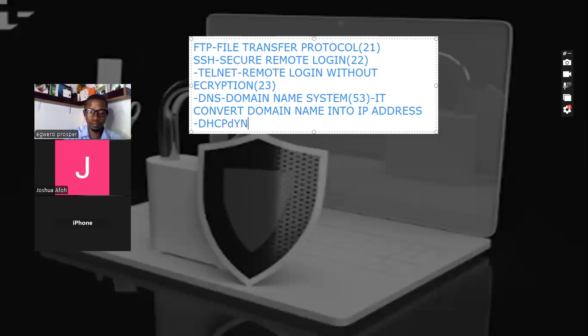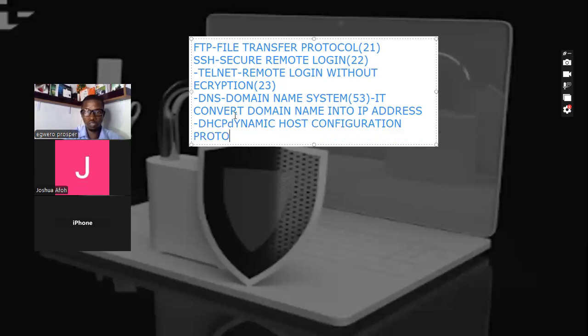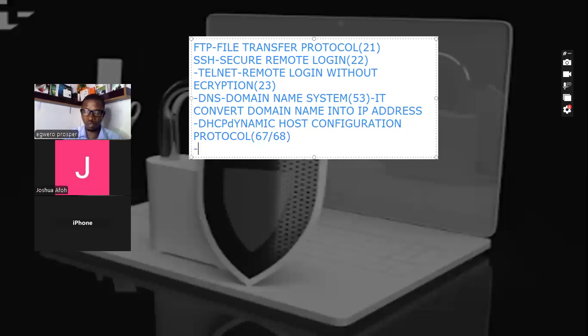This is called Dynamic Host Configuration Protocol. All right. And this one uses ports 67 and 68. It varies. Sometimes it can take 67, sometimes it can take 68. All right. So we are still on the protocols and the ports.